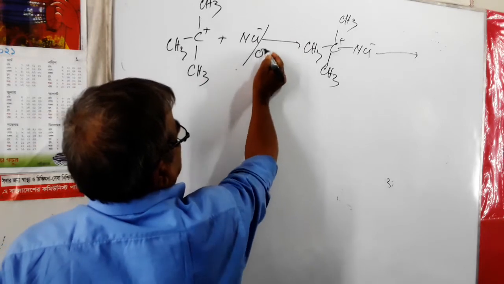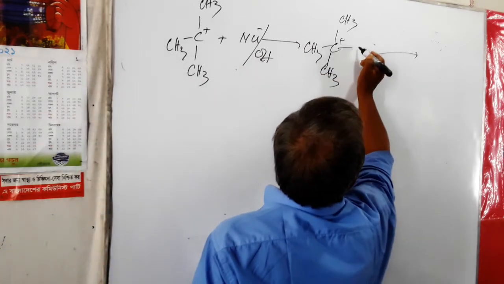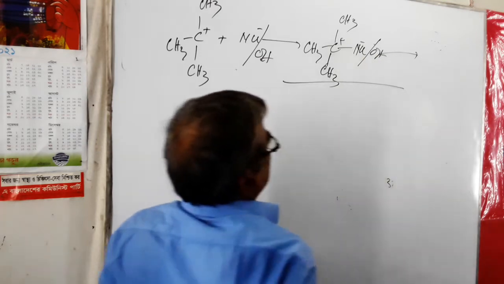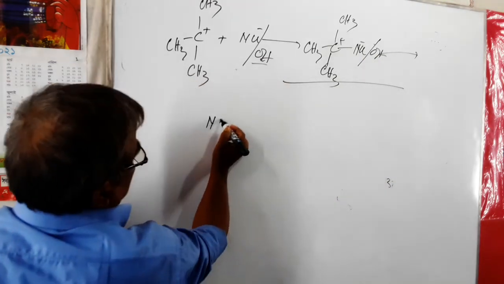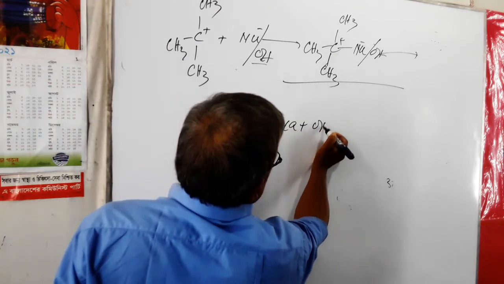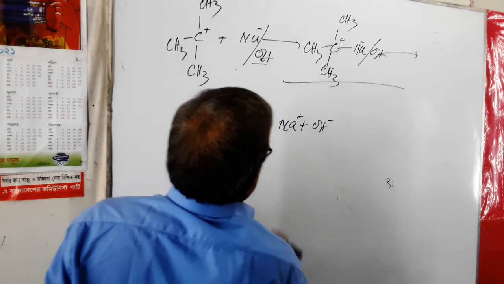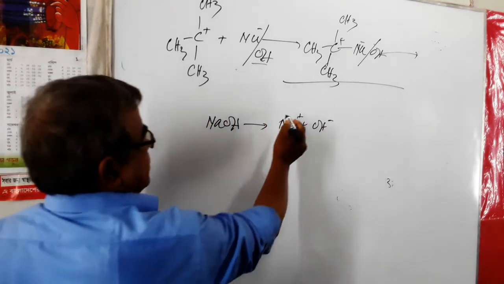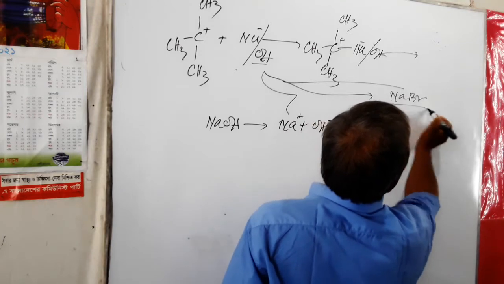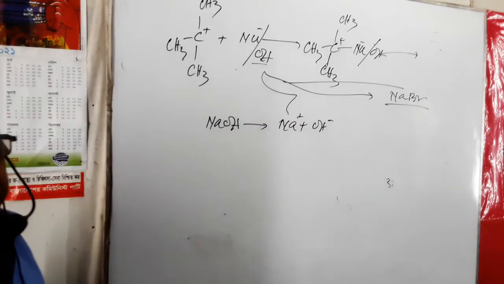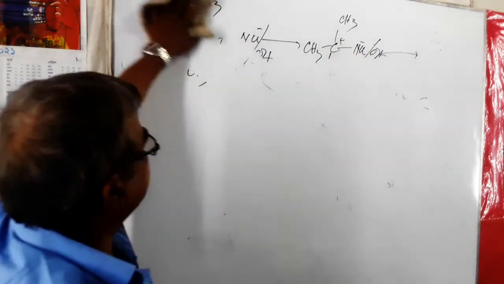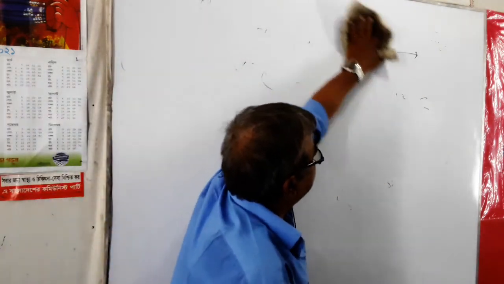If the nucleophile is hydroxide, then the product will be tertiary butanol. The hydroxide comes from aqueous sodium hydroxide, and the sodium then forms sodium bromide. This is the SN1 mechanism.